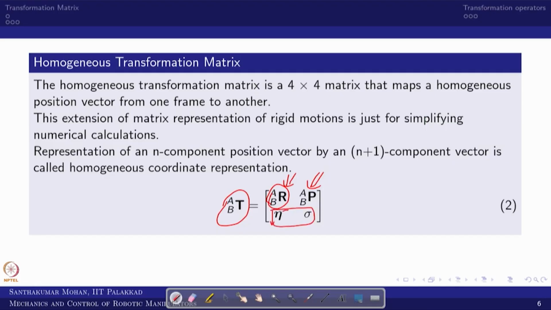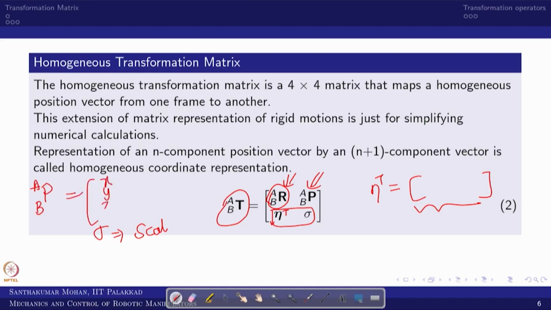Strictly speaking, this is eta transpose, written this way, a perspective vector. Sigma is a scaling factor. Why is the scaling important? For example, if you write your position vector B with respect to A, I can write x, y, z, and I am writing it as sigma.